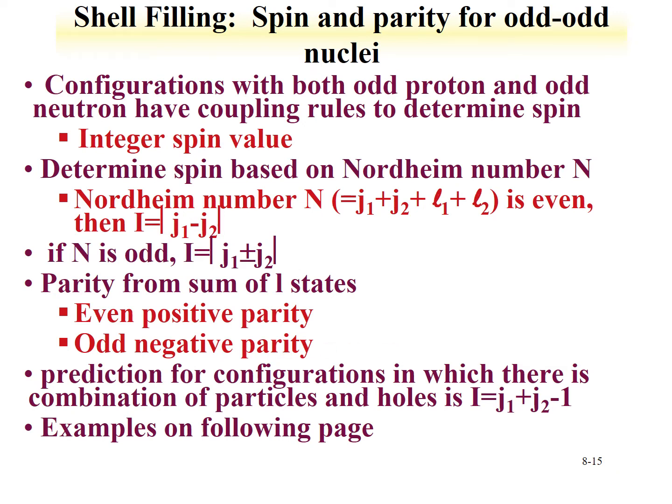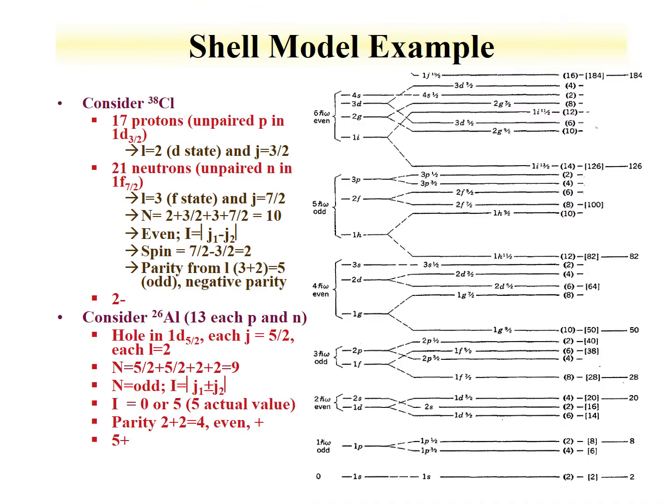We'll go over some examples to show how the Nordheim number works. For an odd-odd nucleus, let's consider chlorine-38. Chlorine-38 has 17 protons, 21 neutrons. The 17th proton is going to live in the 1d3/2 state. So the L is D, right?